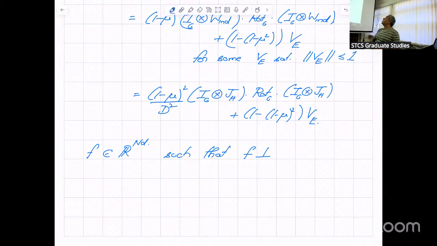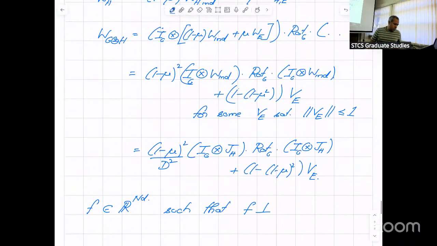The first term is 1 minus 1 minus 1, because it's going to collect a 1 minus mu from this W N and a 1 minus mu from the other W N. But I'm saying that should then be 1 minus mu whole square. Oh yeah, this one, the square is sitting outside. You're right. What I have over here.